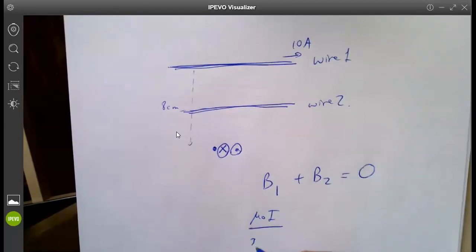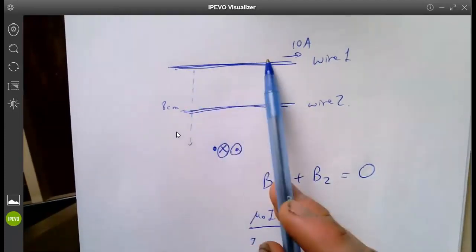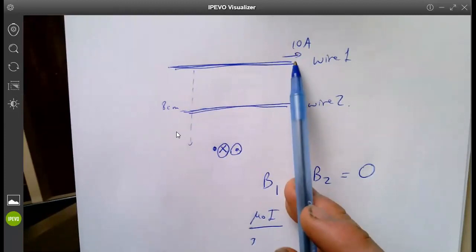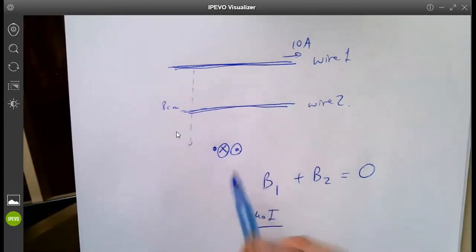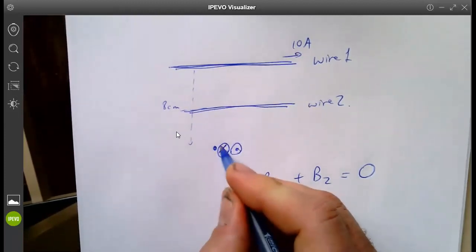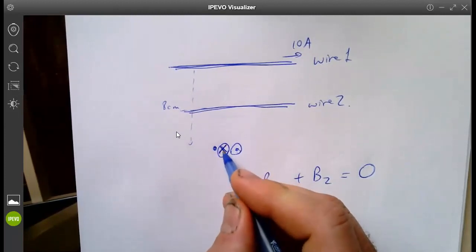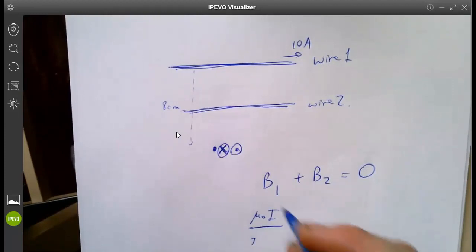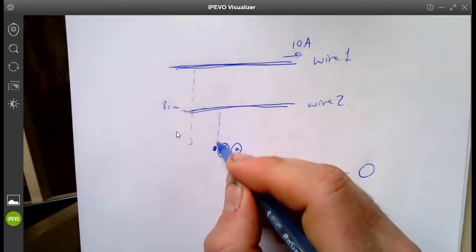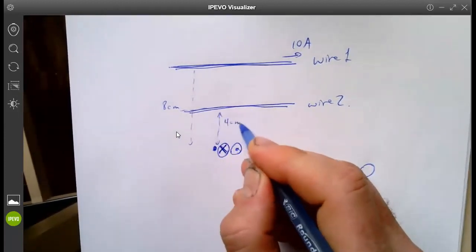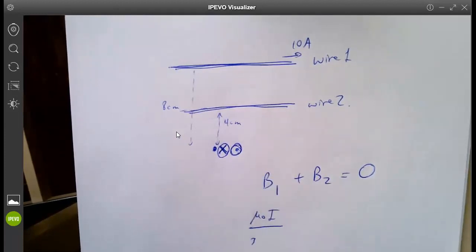So going back, wire 1 has 10 amps, and it is creating a magnetic field that's going into the page at this point here, 8 centimeters away. But from wire 2, which is only 4 centimeters away, we wanted to create a magnetic field that points out of the page according to the right-hand rule.